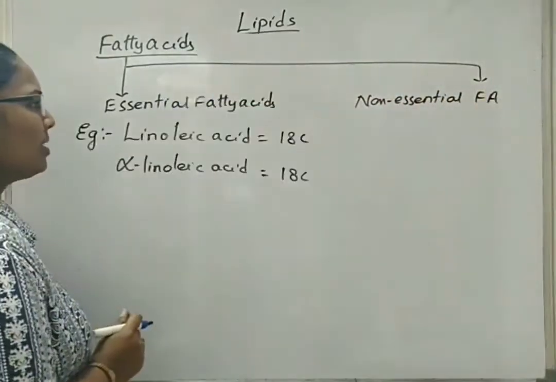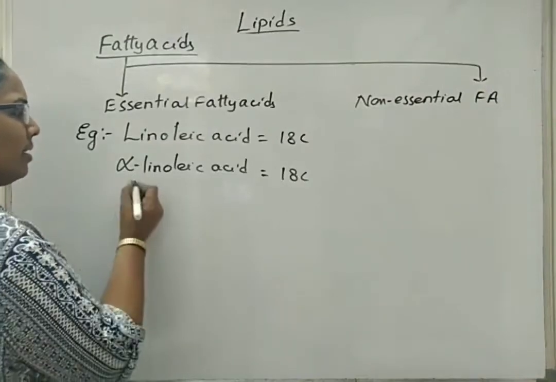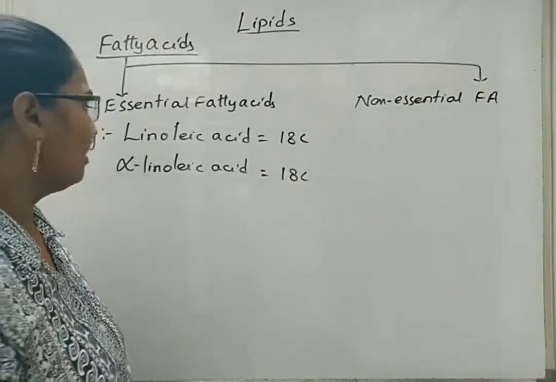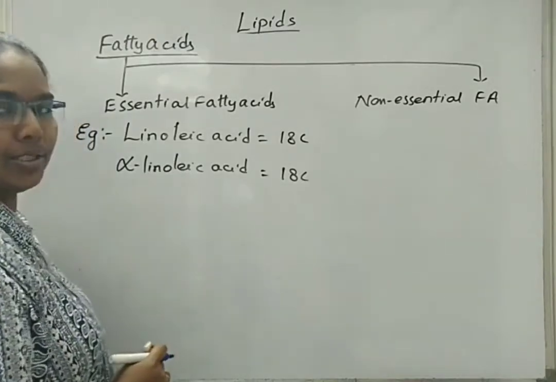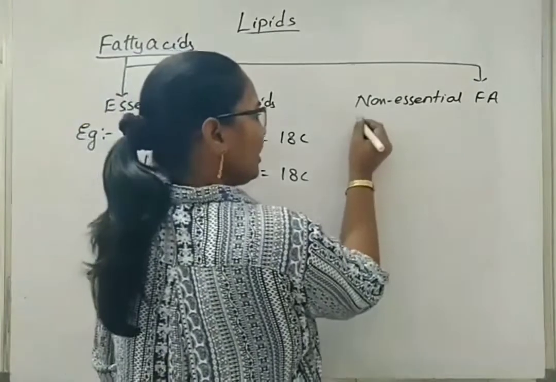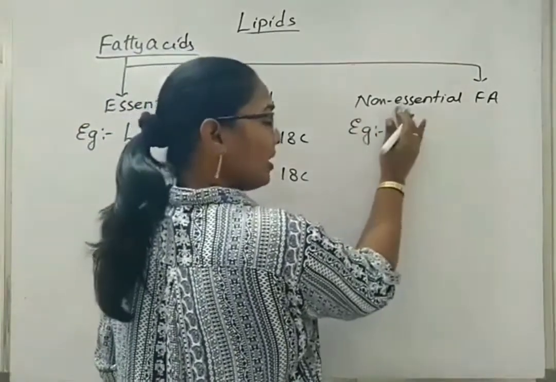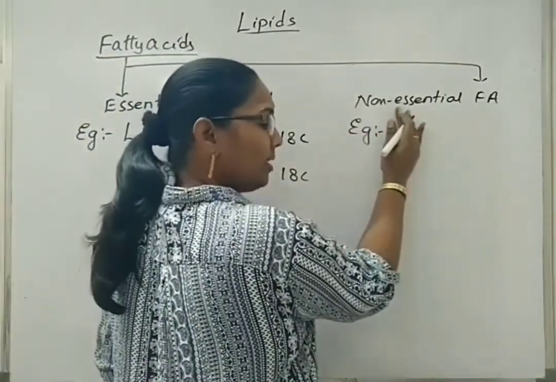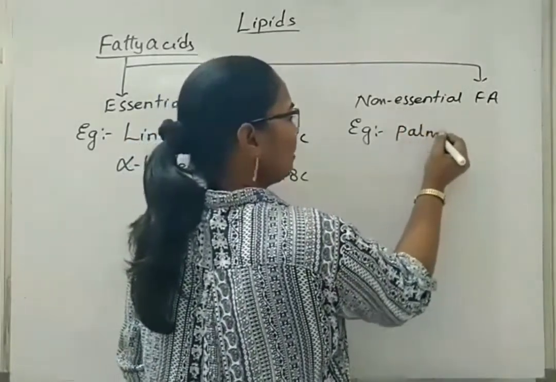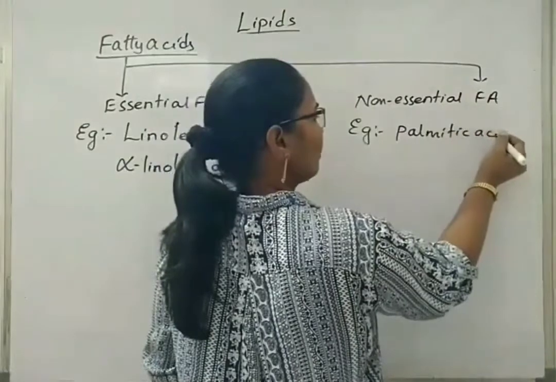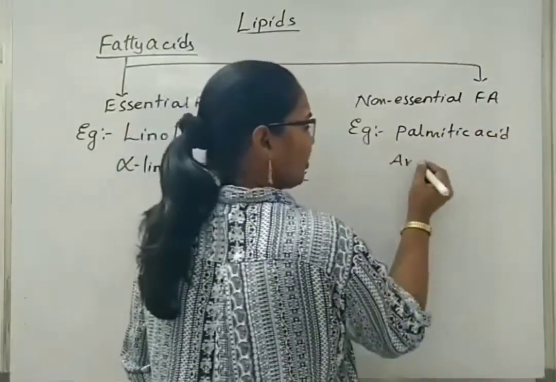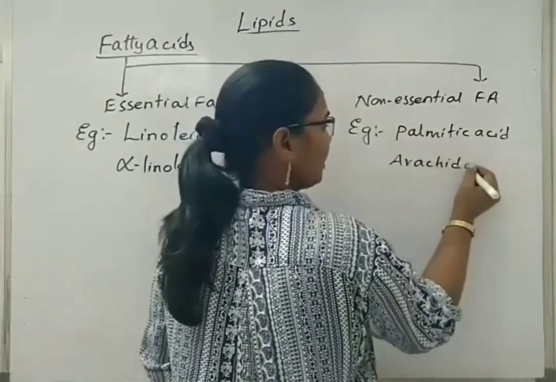If you see the examples under essential fatty acids, the examples are linoleic acid, which is of 18 carbon, and alpha linoleic acid, which is again 18 carbon. And non-essential fatty acids, some examples, means already these are synthesized and exist in the animal body. Here we can take examples like palmitic acid, arachidonic acid and stearic acid also.